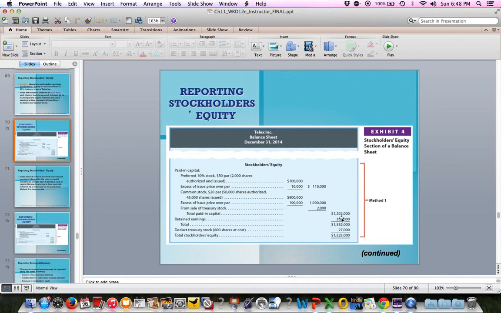Then we have total paid-in capital. Then we add retained earnings, and we get total equity minus treasury stock. That's deducted at the very end because all these accounts have a normal credit balance except for treasury stock, which has a debit balance.